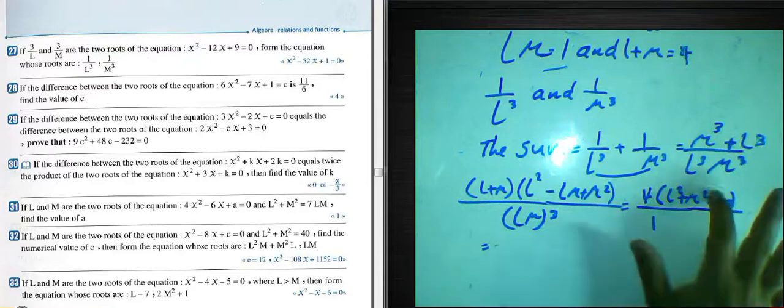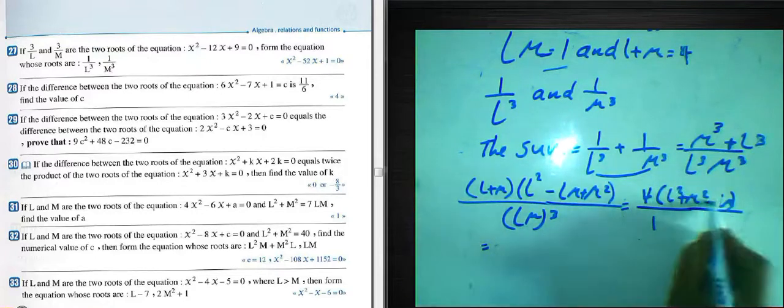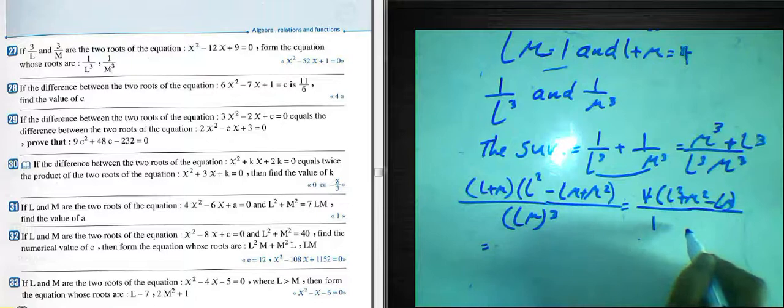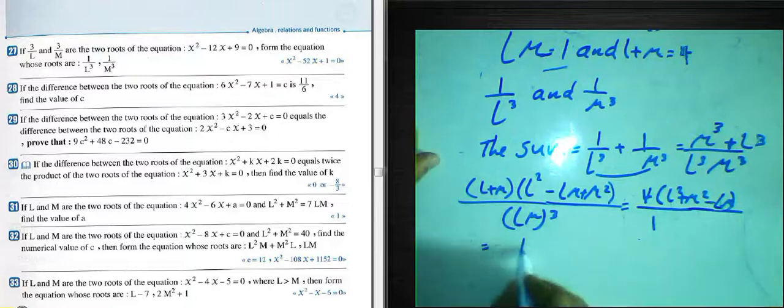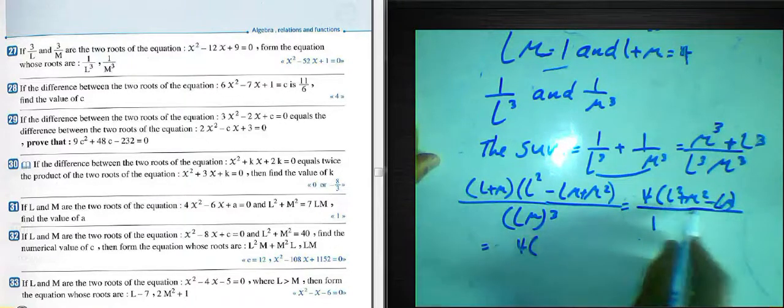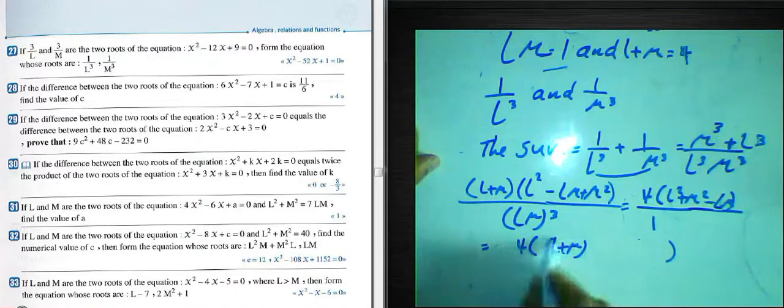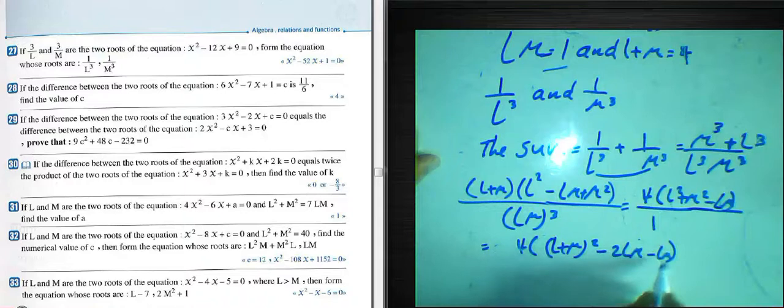Okay, I will write it again, negative LM. Pay attention with me. Write 4 here: L plus M to power 2 subtract 2LM, minus LM, equal 4 times.